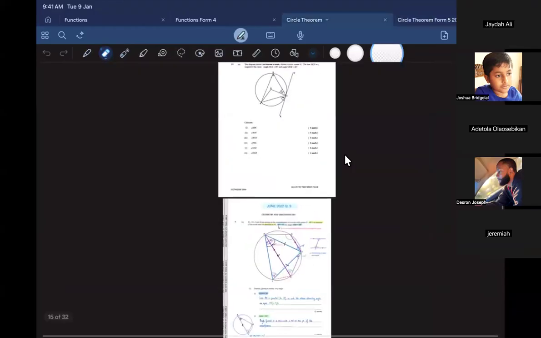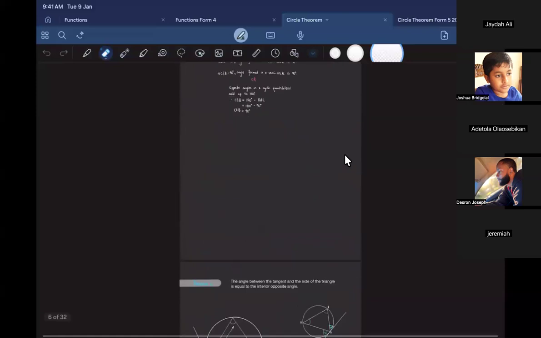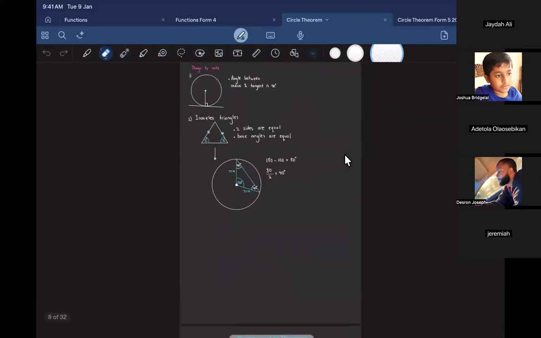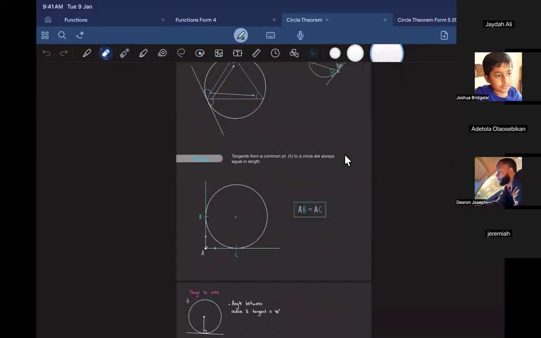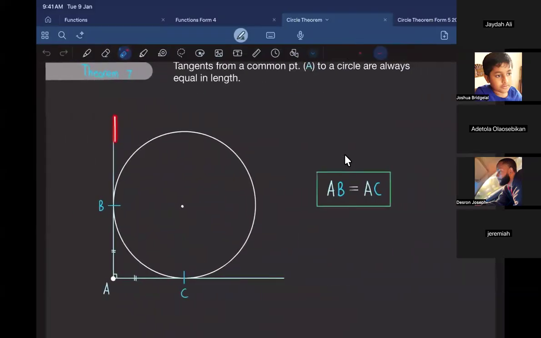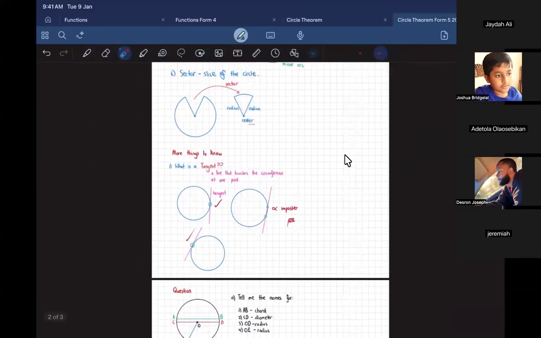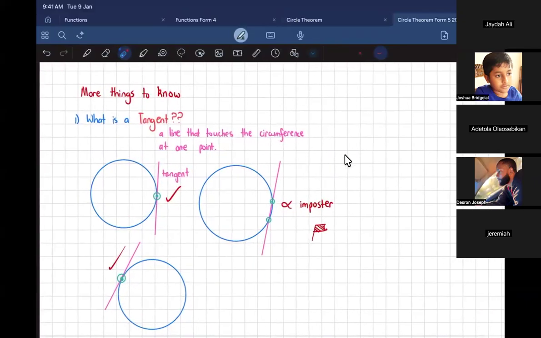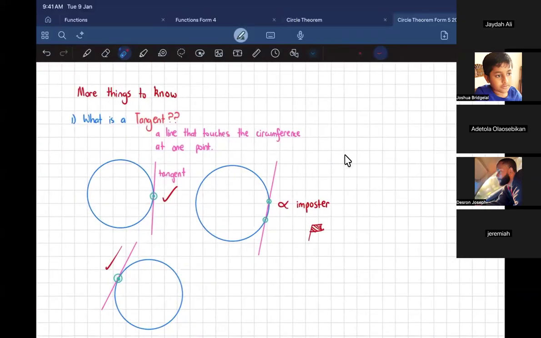And the specific circle theorem you're talking about is this one. You have this theorem. Yes, sir. Something like that. All right, so we know it's a tangent. If you need time, tell me, to copy that down.